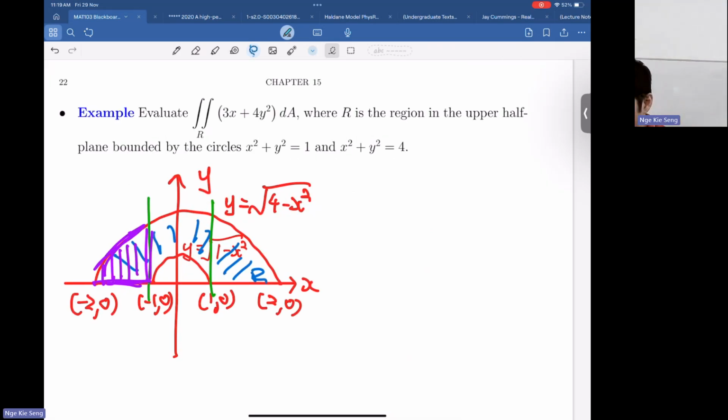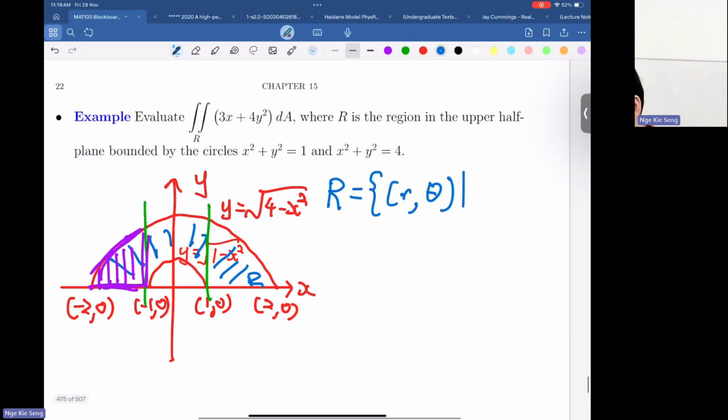So I claim that this region here I can write using polar coordinates. Can you imagine what kind of polar coordinates I can use? Can you try and fix my r first? My r is ranging from where to where?